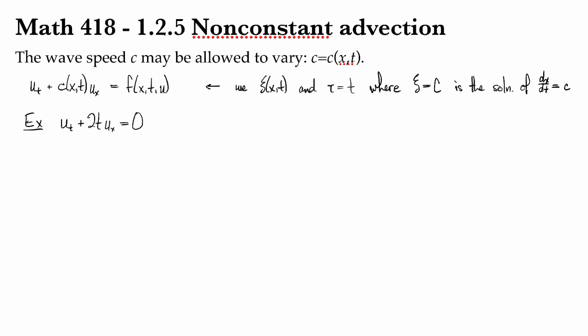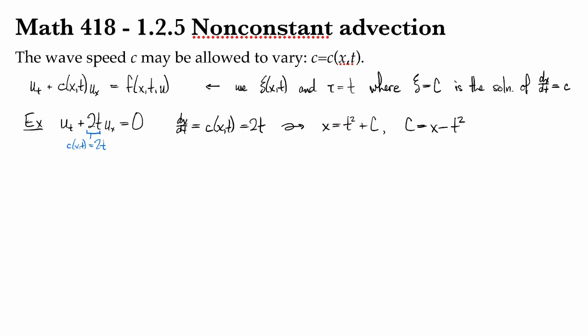Okay, so we've got our wave speed there, our non-uniform wave speed, dx/dt being equal to c of x,t, integrates to give us x equals t squared plus c, so that c equals x minus t squared.